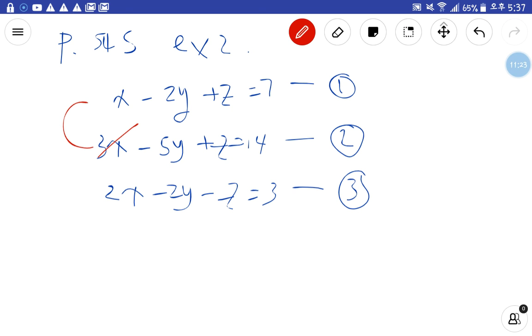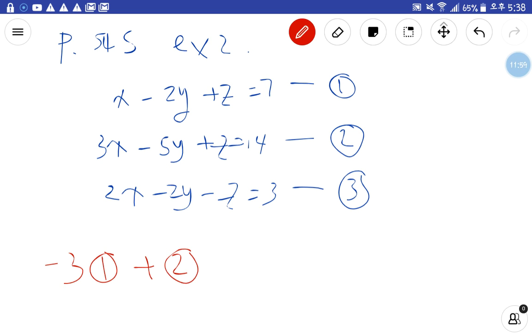So my first step is going to be multiply negative 3 on 1 and add 2. And then I'm going to add. Negative 3 times 1 and then add 2. Do you guys understand what I just wrote down?